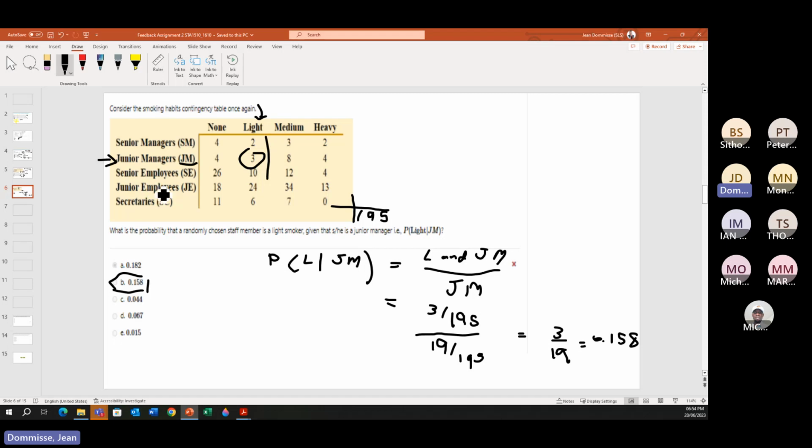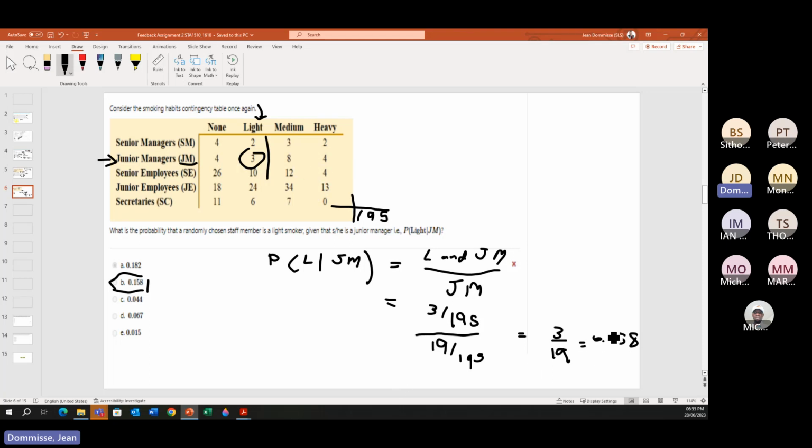Okay, you can very easily make the mistake. I just assumed it is also junior employees. It's not, it's the junior managers. So I use the and from the light and junior managers, which is 3. I use the total of your junior managers, which is 19.